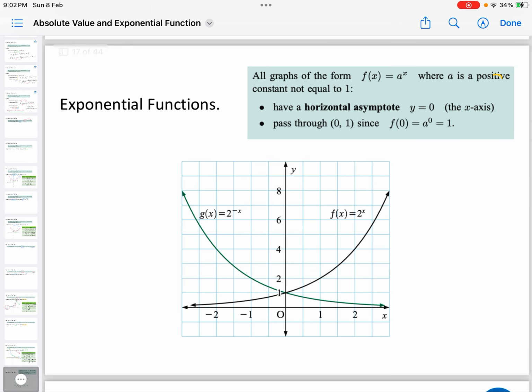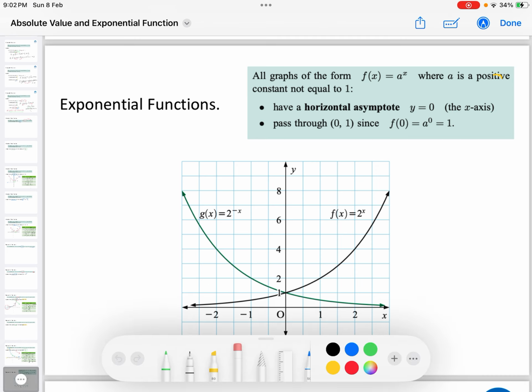So let's have them both on the same graph. So from this summary, take a look at the information we have. Let's erase this. Okay. So we have 2 with the power x, the one that grows to the right, going up. Then we have 2 with the power negative x.